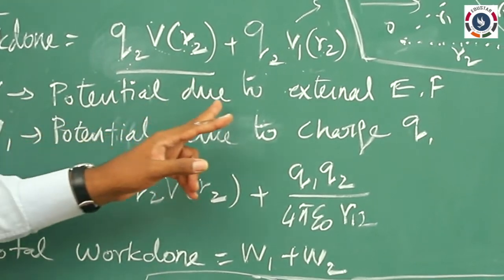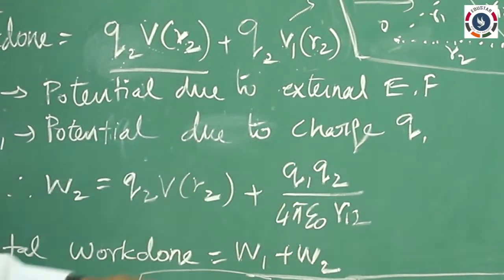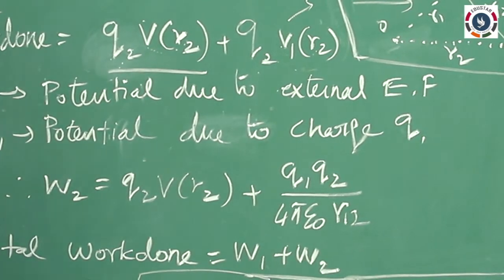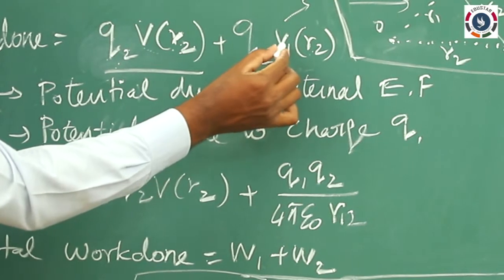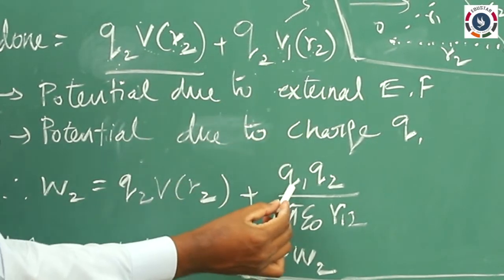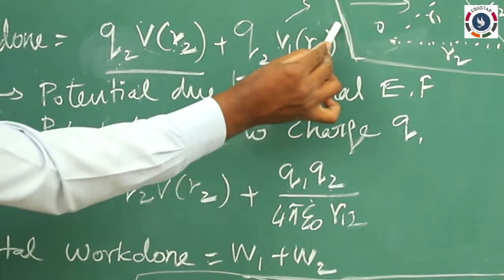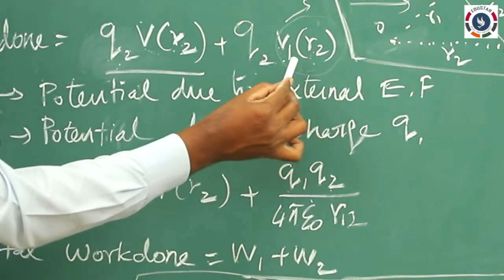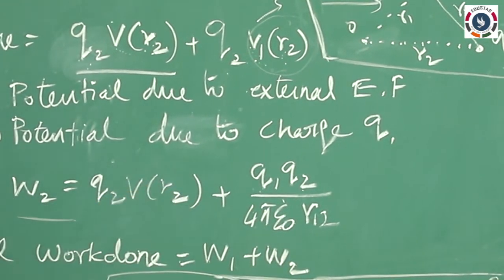V is the potential due to the external electric field and V1 is the potential due to the first charge. So the work done by the second charge against the first charge can be written as q1 q2 by 4 pi epsilon naught r12. This is the potential of the first charge, q1 by 4 pi epsilon naught r12.